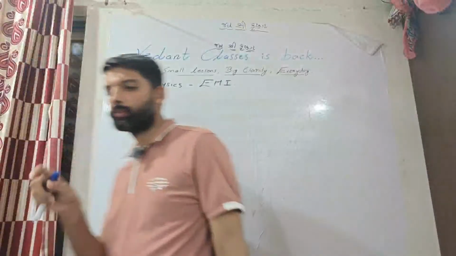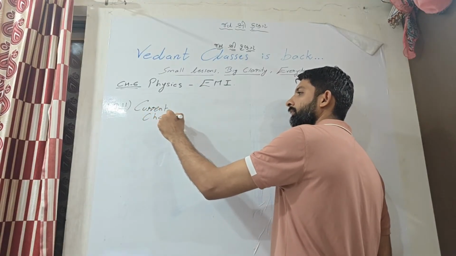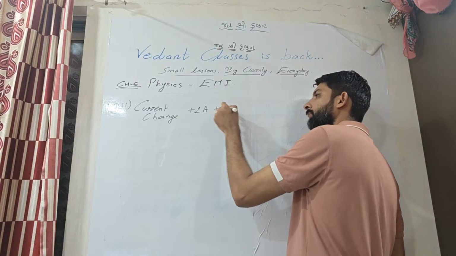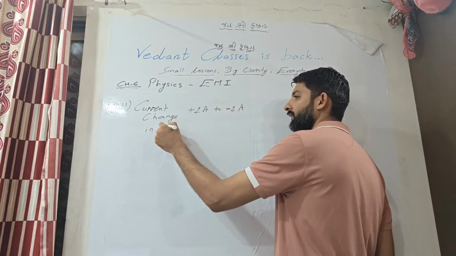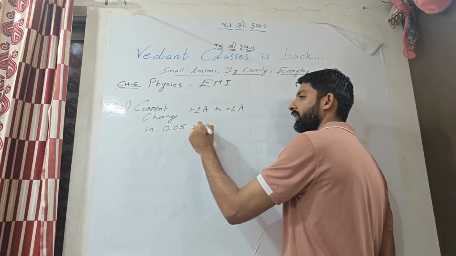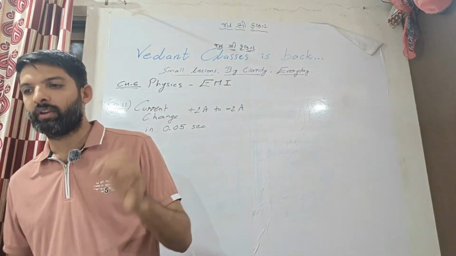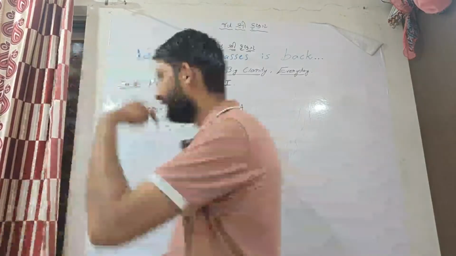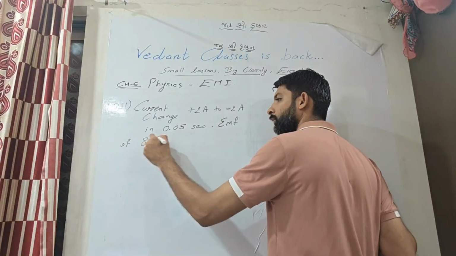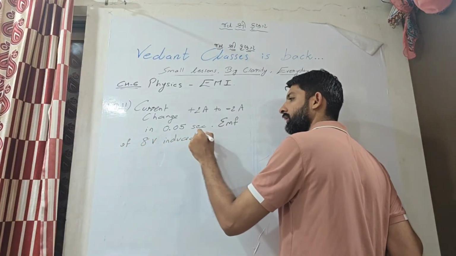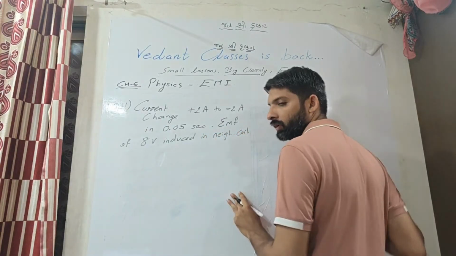When a current in a coil changes from plus 2 ampere to minus 2 ampere in a time of 0.05 second, an EMF of 8 volt is induced in the neighboring coil.